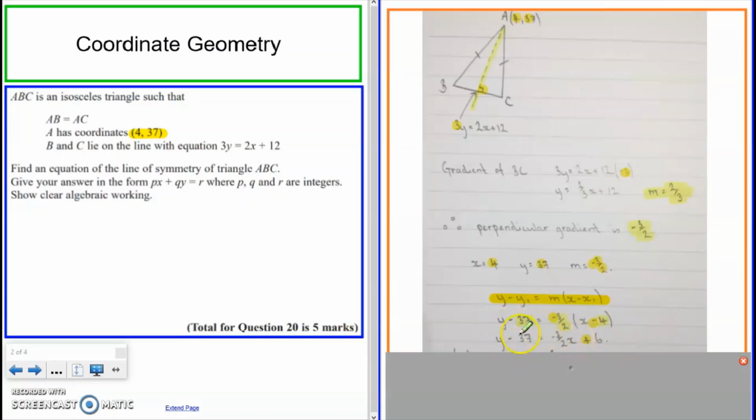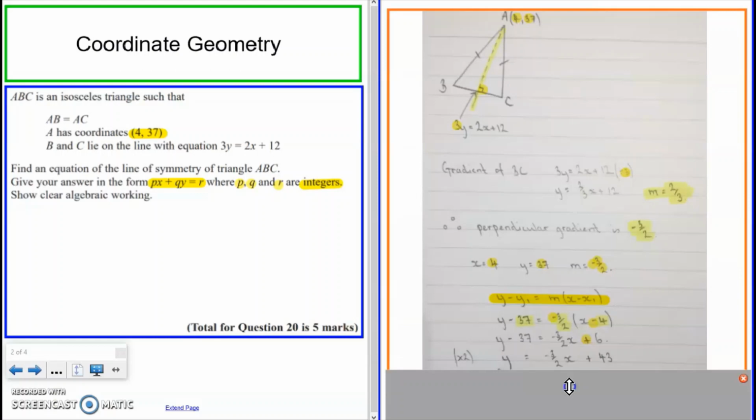And now I'm just going to manipulate the algebra to put it in the correct form. The question wants it in this form, where P, Q, and R are all integers, all whole numbers. So at the minute, my x is on the incorrect side, so I'm going to add 3/2x to each side, and I'm also going to need to multiply through so I'm dealing with integers, because this is a fraction currently.